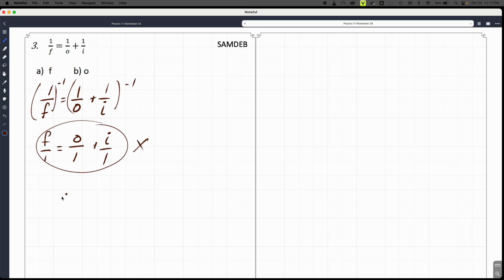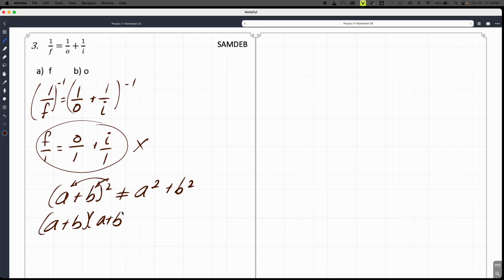If you'll remember binomial products, if we take A plus B and we square it, it does not turn into simply A squared plus B squared. If we take a binomial square, it's A plus B times A plus B, and you'll remember FOIL: first, insides, outsides, last.